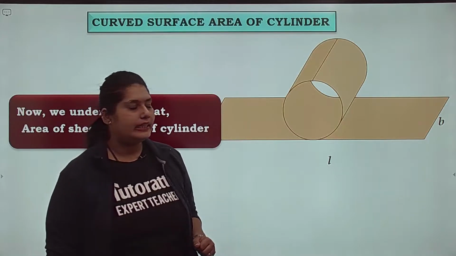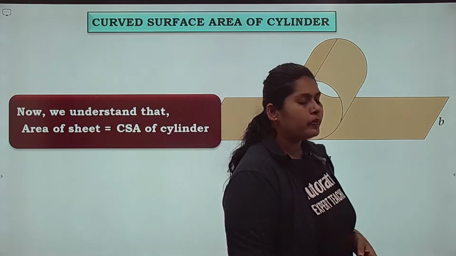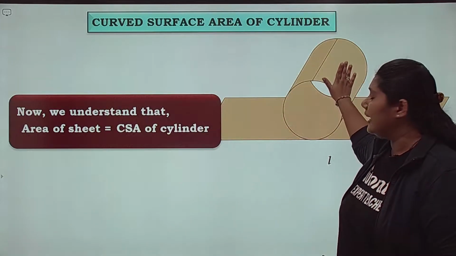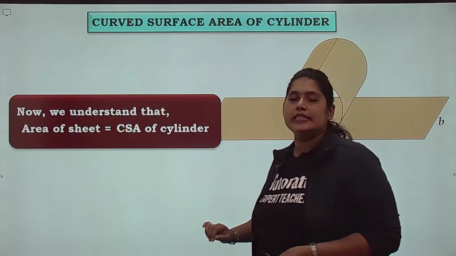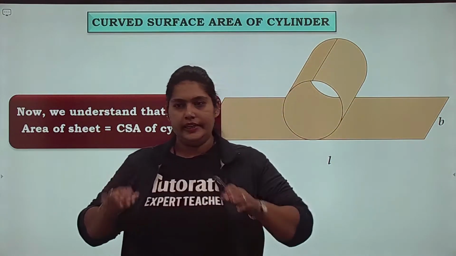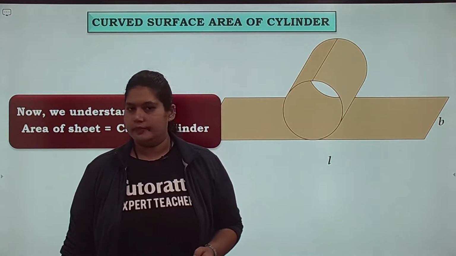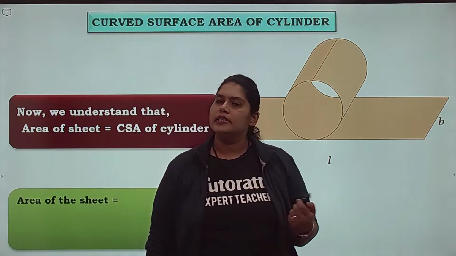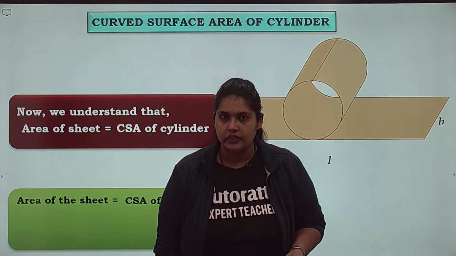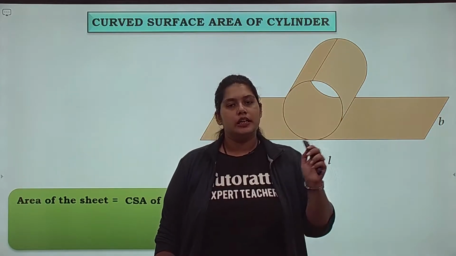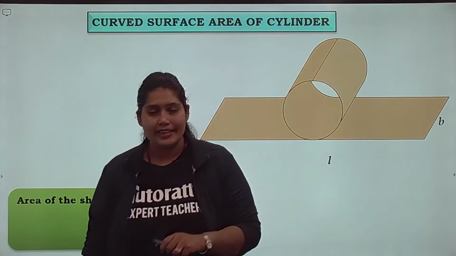So basically, if I am trying to find the area of this cylinder's curved surface, I am trying to find the area of my rectangle. Correct? So, what is the area of the rectangular sheet? It is equal to the curved surface area of my cylinder.